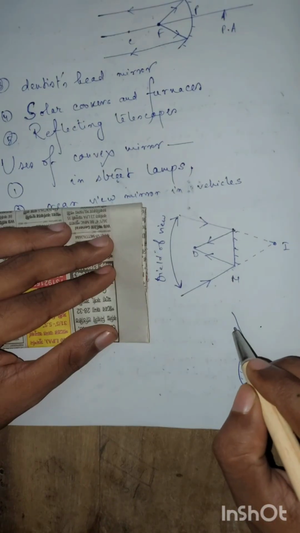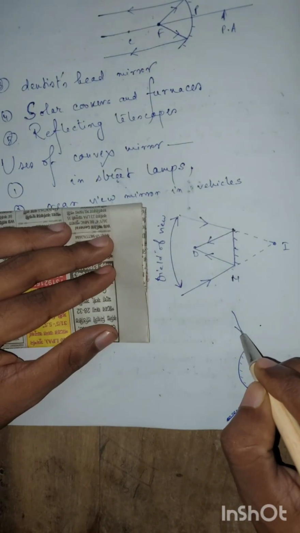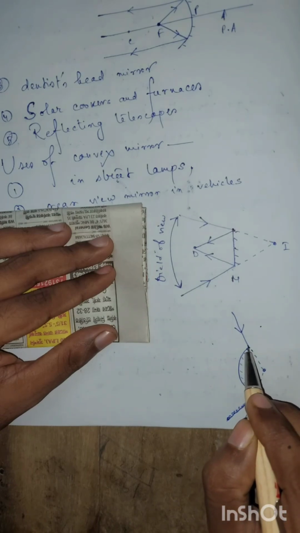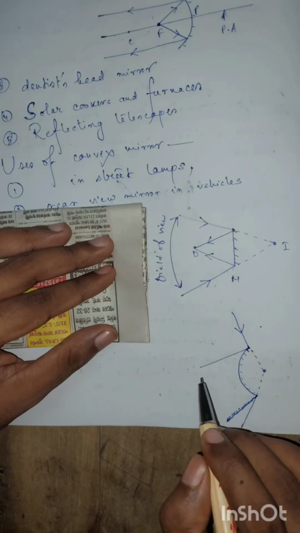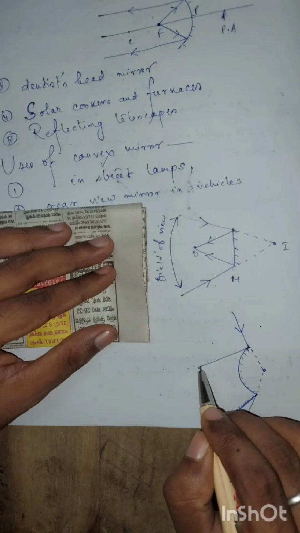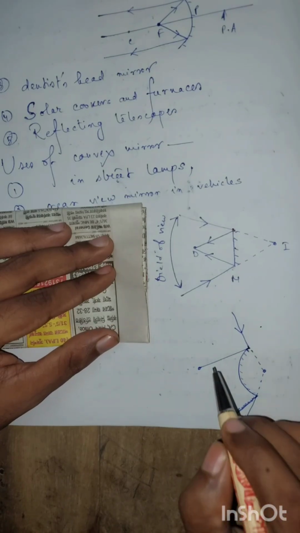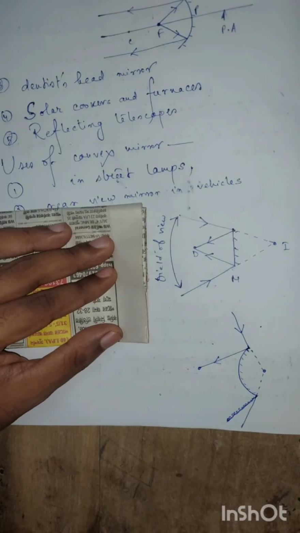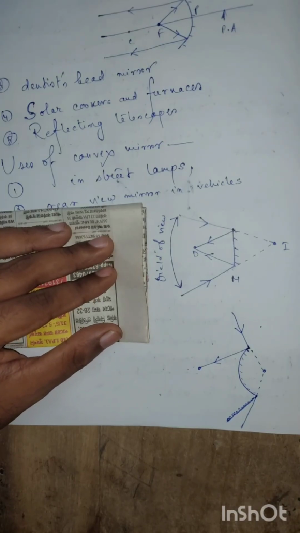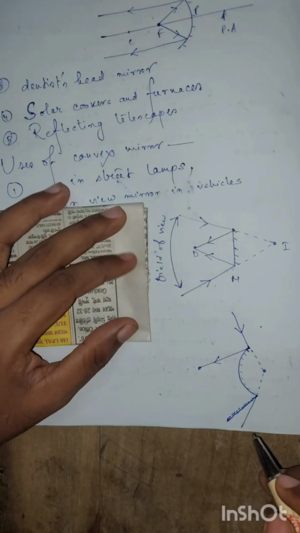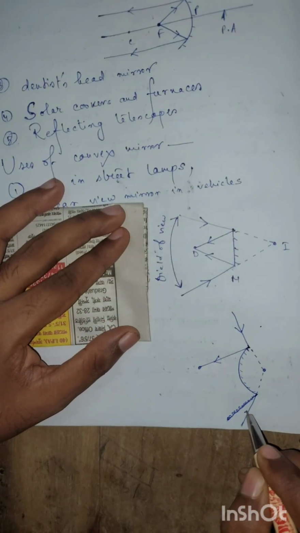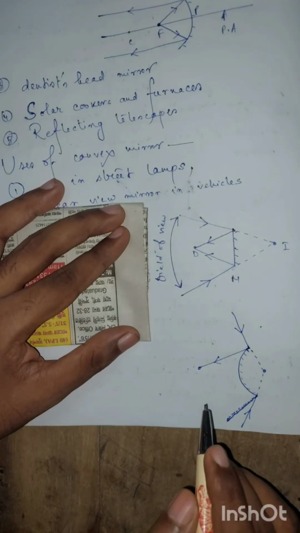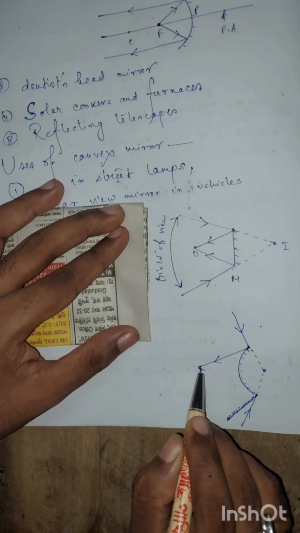So the first light ray is coming and striking the mirror, and it gets reflected and it is received by the driver's eye. And a second ray is coming and striking the mirror, and after getting reflected by the mirror it is received by the driver's eye.